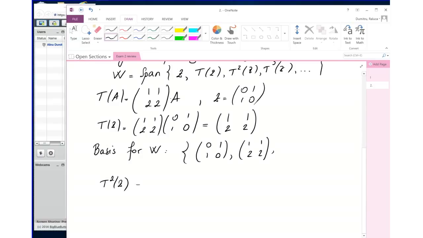The next one will be T squared of Z, which is T of the result, that one here, T of Z. T is multiplying by this matrix 1, 1, 2, 2, so I just need to multiply it by itself.